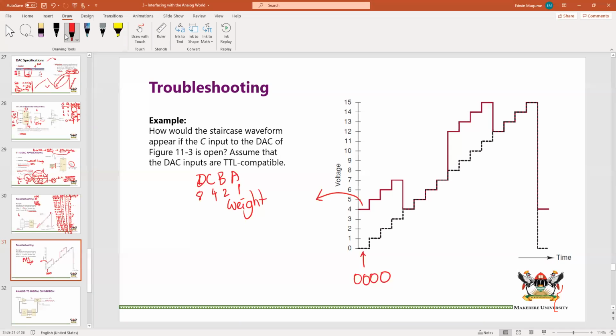So here it's very easy for me to see that, because instead of having 0, I have 4, which is the weight of C, it means that C is permanently high. It could be permanently high because it is always connected to VCC, or it could be permanently high because it is open. It's not connected anywhere.